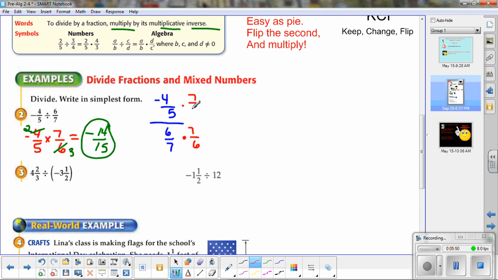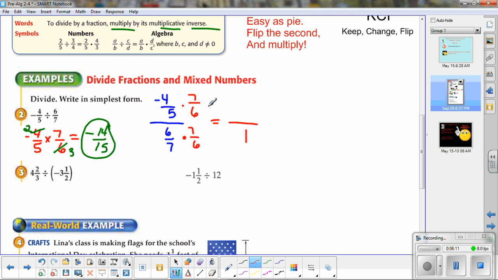The reason why I chose 7/6 is because on the bottom, when I multiply 6/7 times 7/6, you end up getting 1 on the bottom, because a number multiplied by its multiplicative inverse is 1.